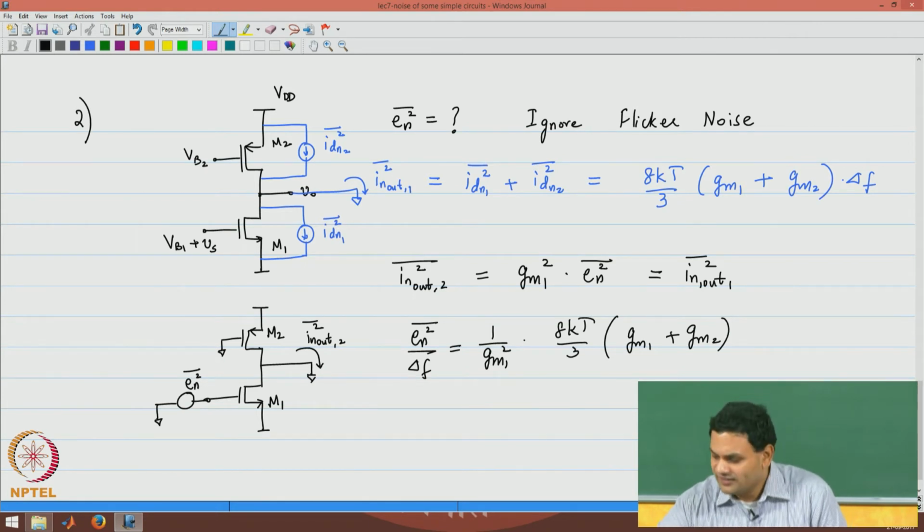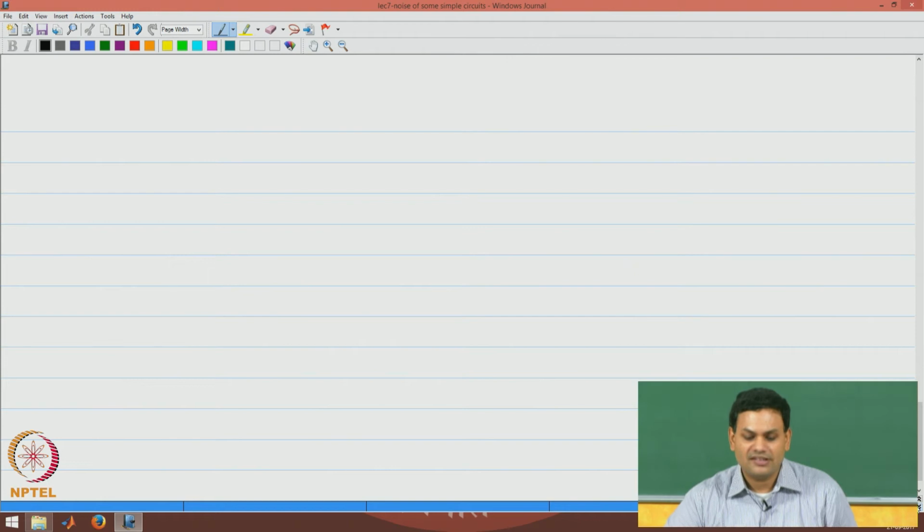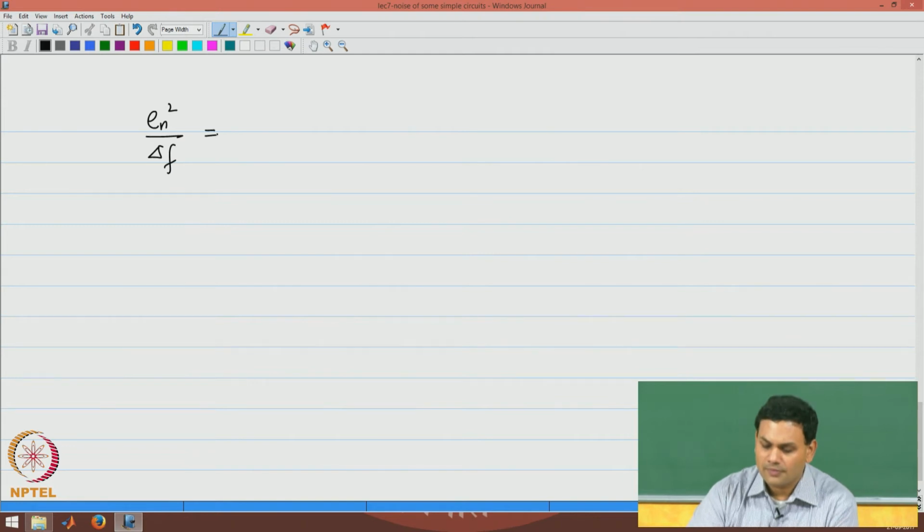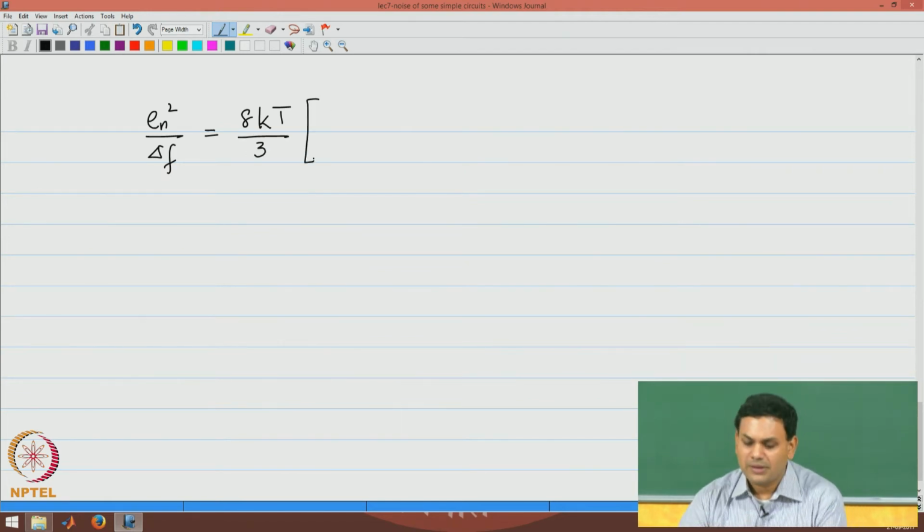Now, let us look at this in a little more detail, because this is quite interesting. I will write it again on this page for your reference, and now I am going to take the GM1 squared inside the braces.